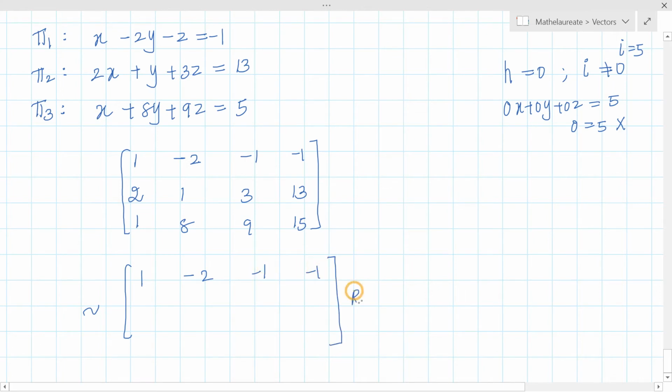The rule for the second row is the new R2 is R2 minus 2 times R1. So 2 minus 2 times 1 makes it 0. Next, the second term, R2 is 1, minus 2 times the corresponding term from the first row, that is minus 2. 1 plus 4 makes 5.